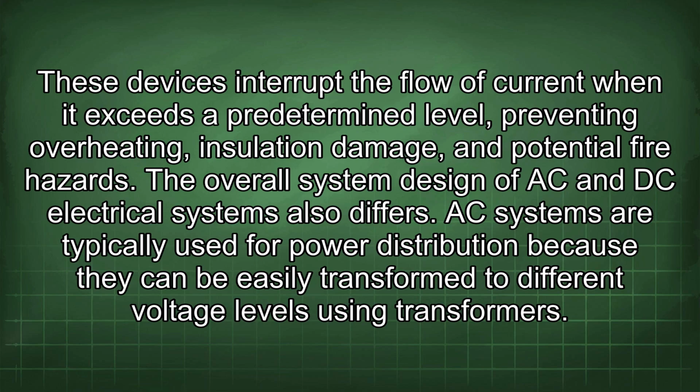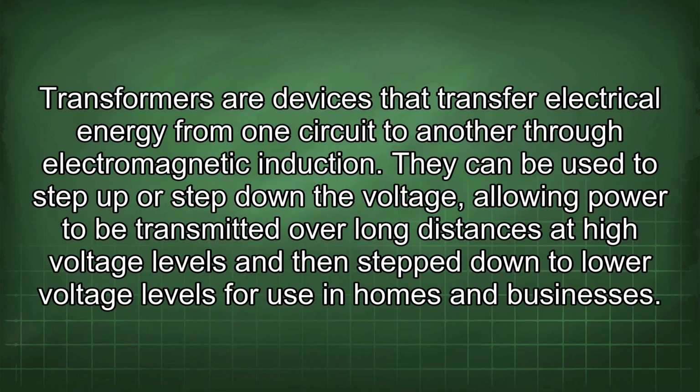The overall system design of AC and DC electrical systems also differs. AC systems are typically used for power distribution because they can be easily transformed to different voltage levels using transformers. Transformers are devices that transfer electrical energy from one circuit to another through electromagnetic induction.